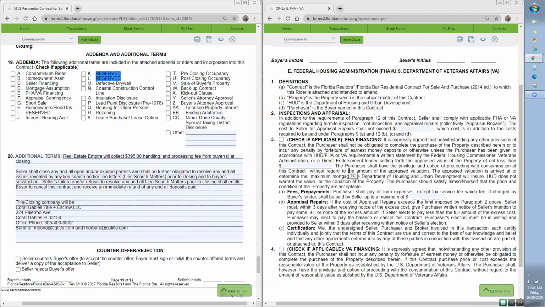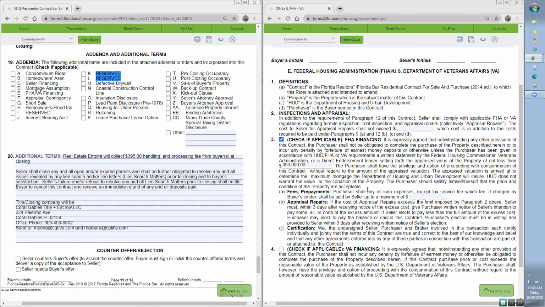This FHA loan has to amount to the amount of the appraisal for the property. So if you're putting in an offer for the property for $350,000, this document needs to go together with it if it's an FHA loan. And here you're going to check off FHA financing and you're going to put $350,000. Okay?